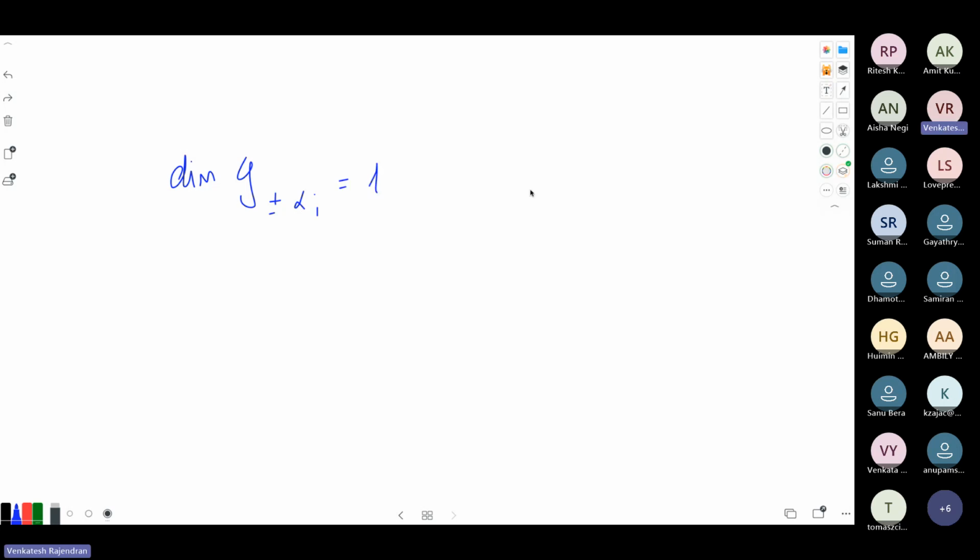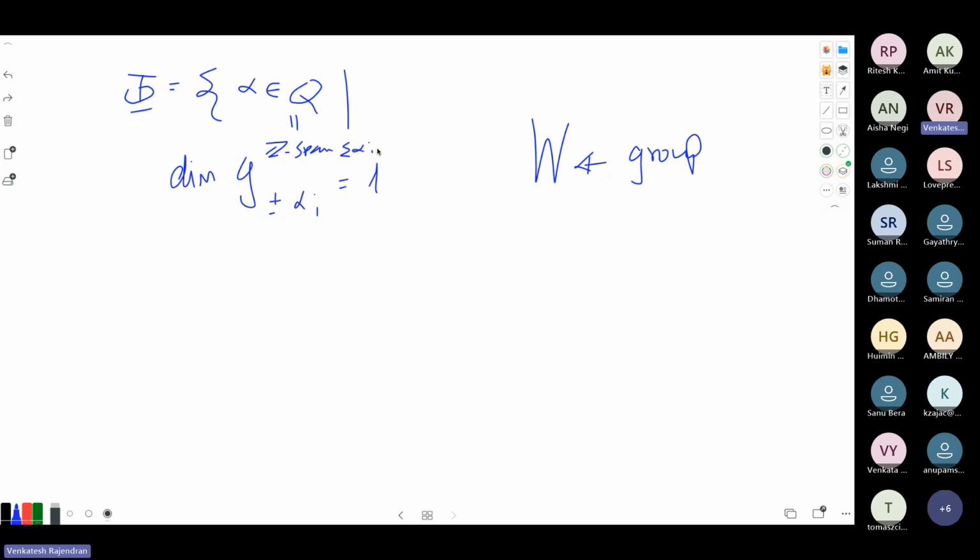But then you have to actually define the Weyl group. So you have defined the root system. Root system is nothing but those alpha in Q, which is Z span of alpha I, such that G alpha is non-zero as before. So now, what is the Weyl group?